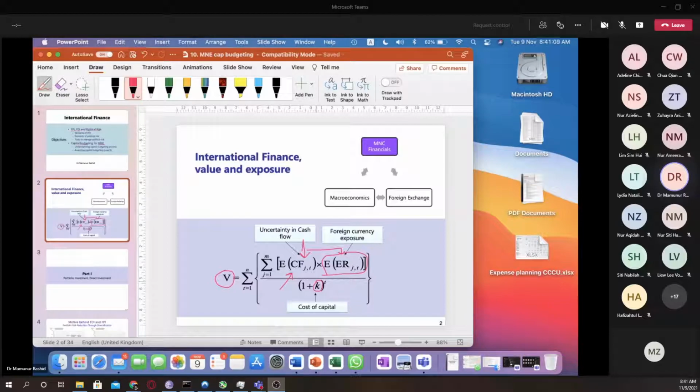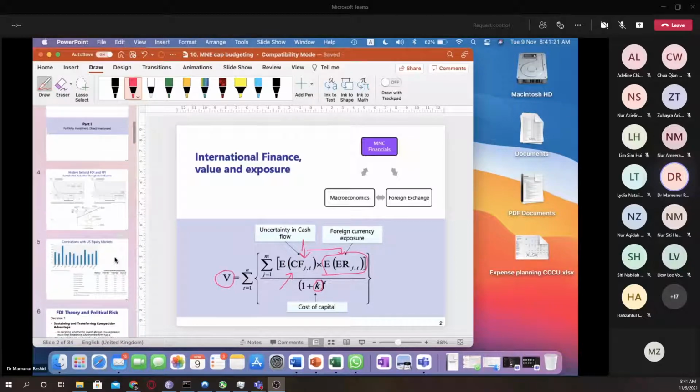So during COVID-19, cost of capital did not increase per se for political risk, but it has increased for relative uncertainty. So we'll discuss these factors, and we'll try to see how political risk can be minimized or managed by the multinational company.